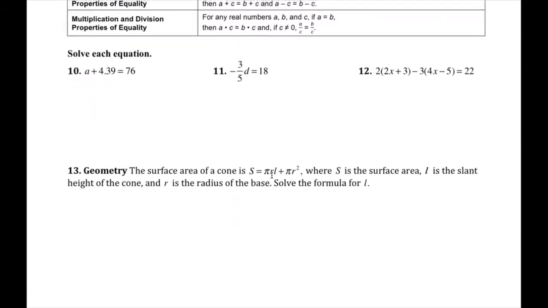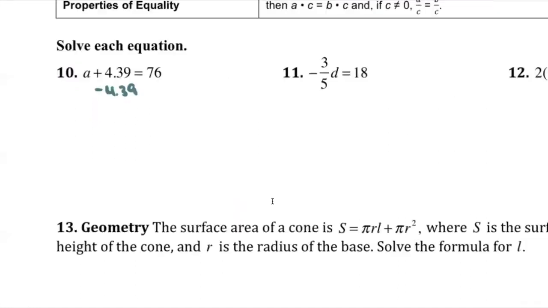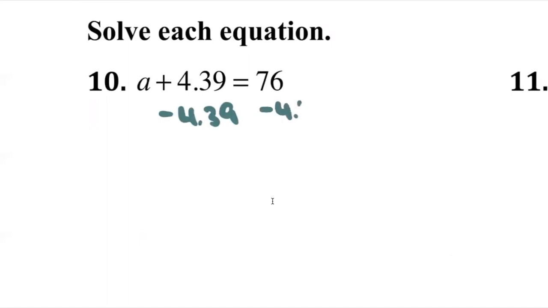Okay, to solve the equation, we want to figure out what A is equal to that makes this equation true. So let's isolate it by subtracting 4.39. Let me zoom in there. Negative 4.39.